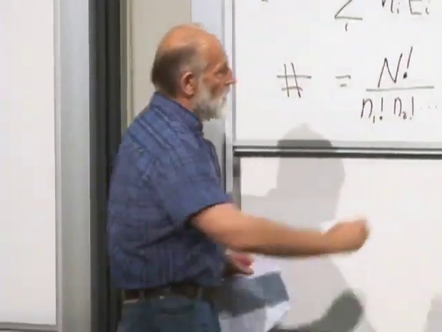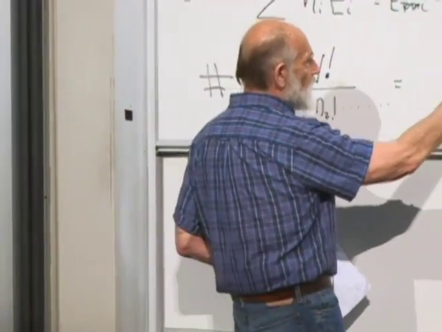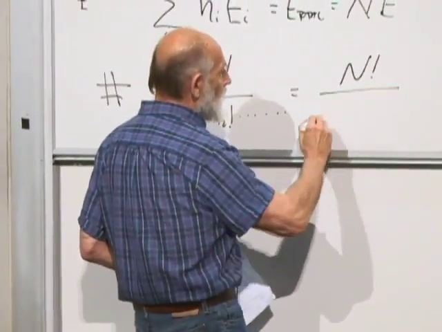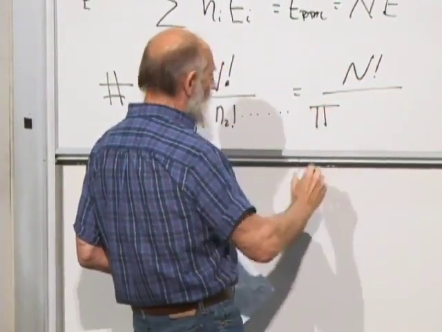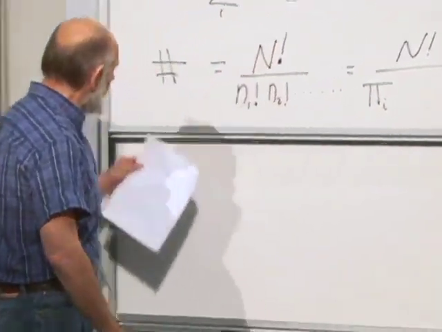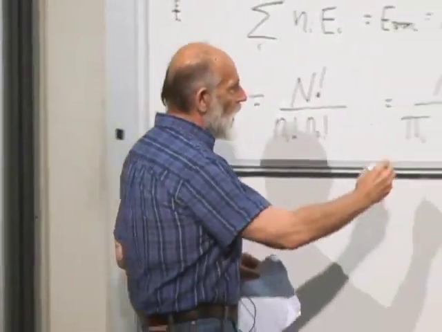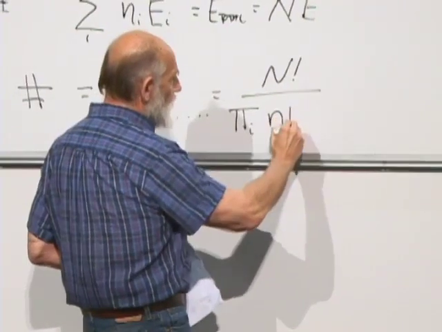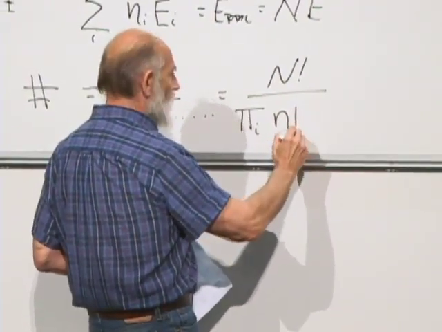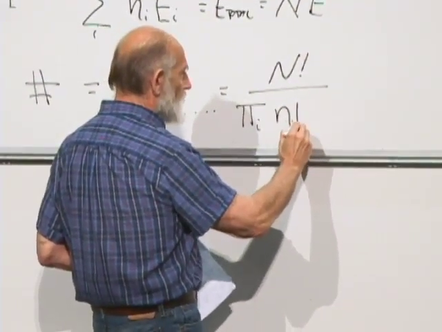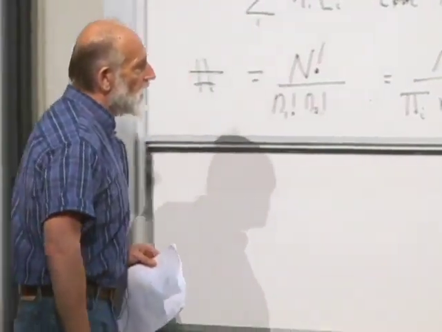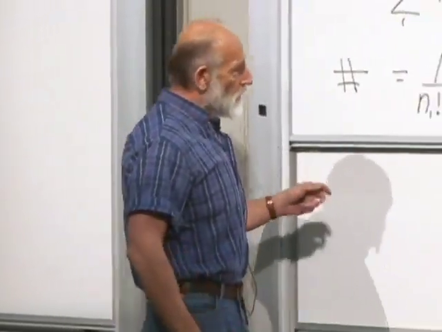In other words, n factorial over the product over i, the product over all the states, of the occupation number n sub i factorial. That's the answer to that combinatoric problem.